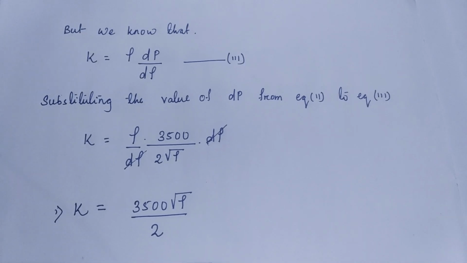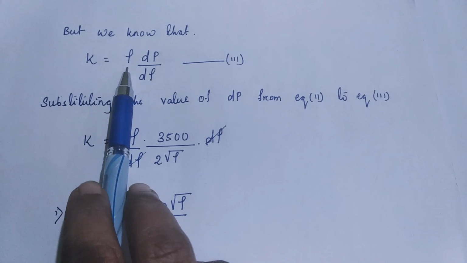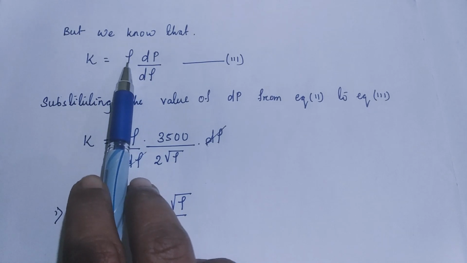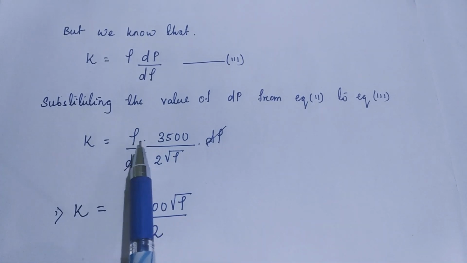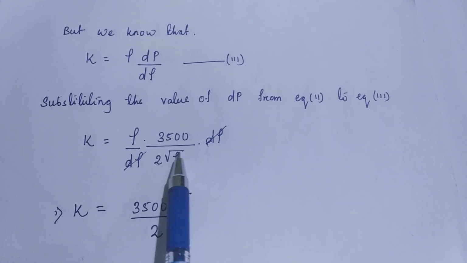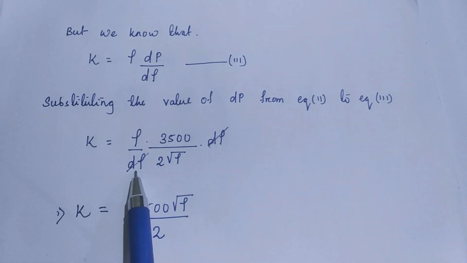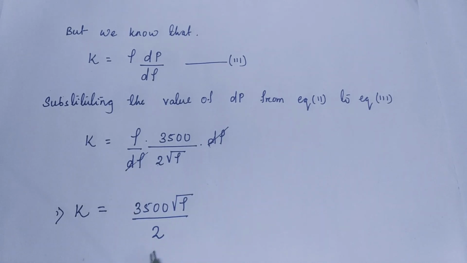Already we know that K equal to rho dP by d rho. So we get the value of rho and we get the value of dP. Now we substitute the value of rho and dP in this equation. So that becomes K equal to rho into 3500 by 2 root over of rho into d rho, and this d rho remains as it is. So this d rho cancels, and the expression left here is 3500 root over of rho by 2.